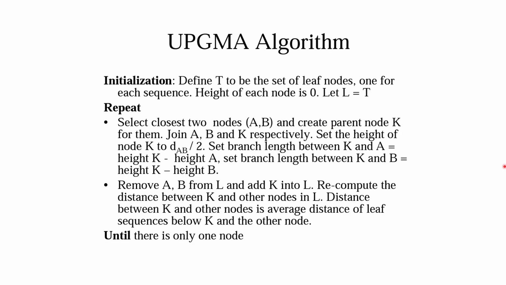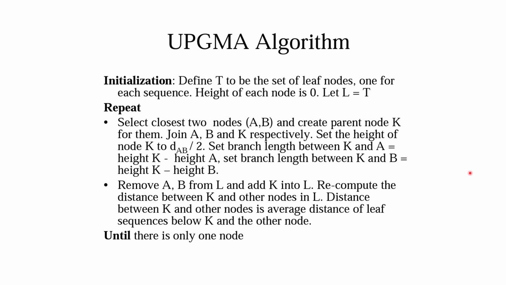So UPGMA starts with the matrix of pairwise distances. Each sample is denoted as a node, that is the leaf, and the nearest nodes, that is nodes which have the closest scores, that is minimum distances, are combined together and a parent node is created.